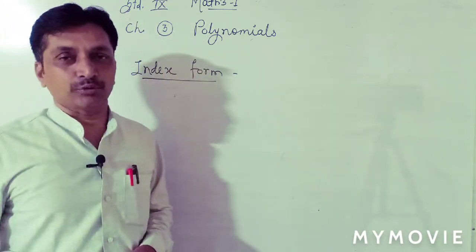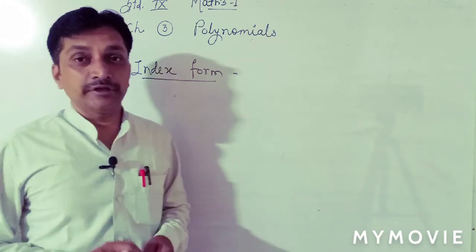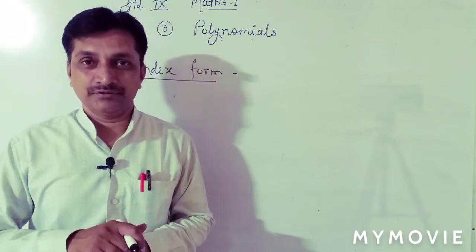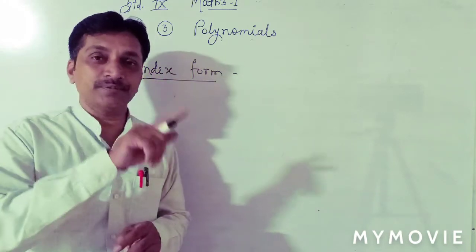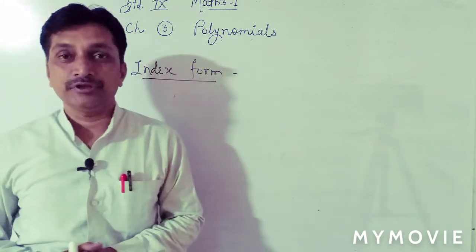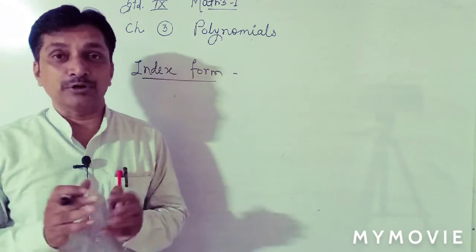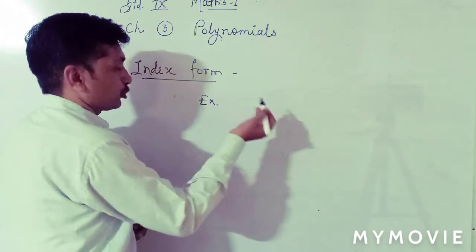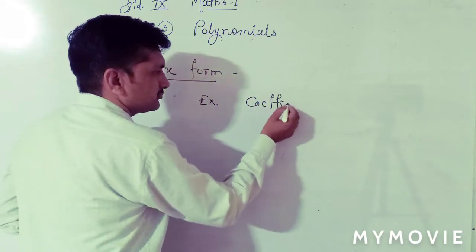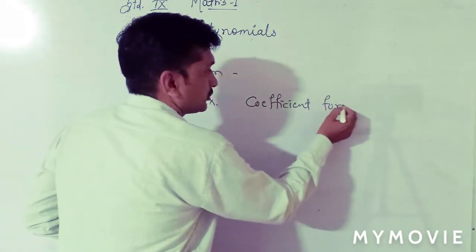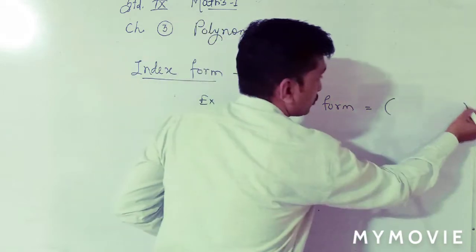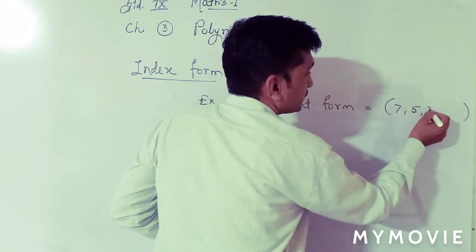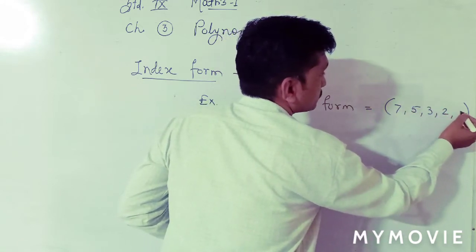Now the next point is index form. For index form, the coefficient form will be given to us, and we have to convert the coefficient form into index form in the form of a variable. Let's see how. For example, a coefficient form will be given. I write here in brackets the coefficients 7, 5, 3, 2, 8.